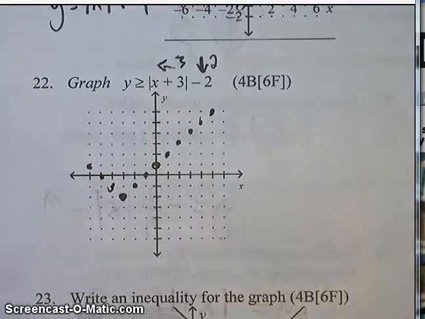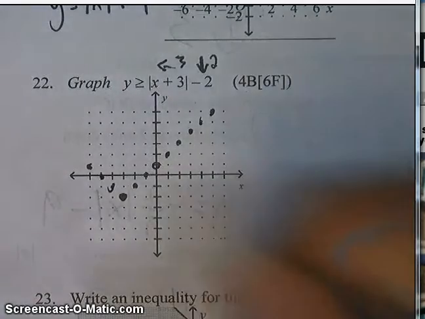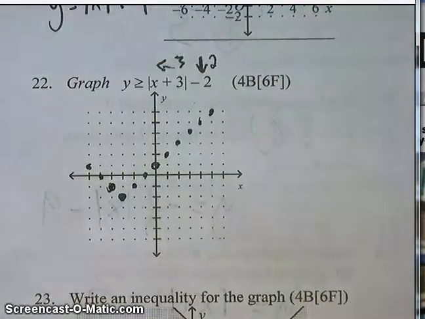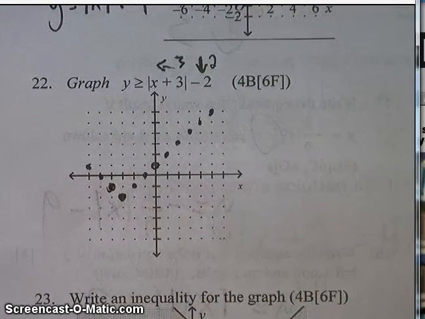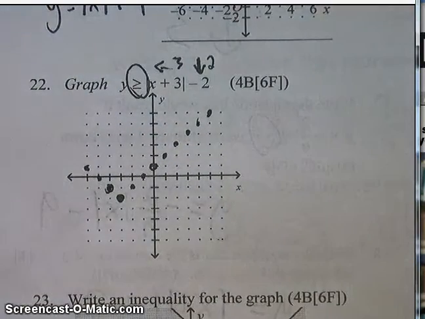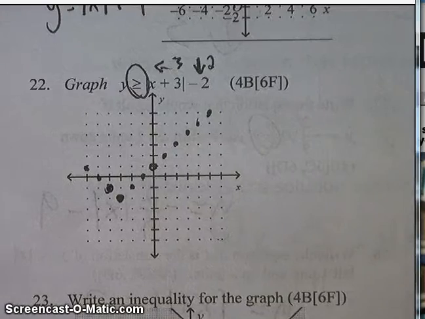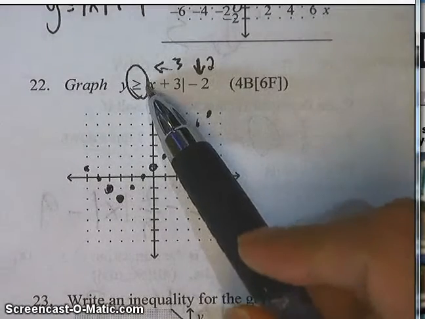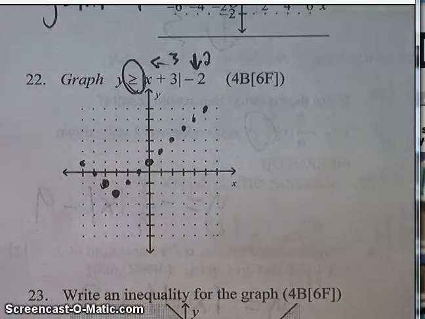And at this point I need to decide two things. Is it a solid or a dashed line? And is it shaded above or below? Now I'm looking at this inequality to answer both those questions. Since it is greater than or equal to, it is a solid line. If it was simply greater than, it would be a dashed line.